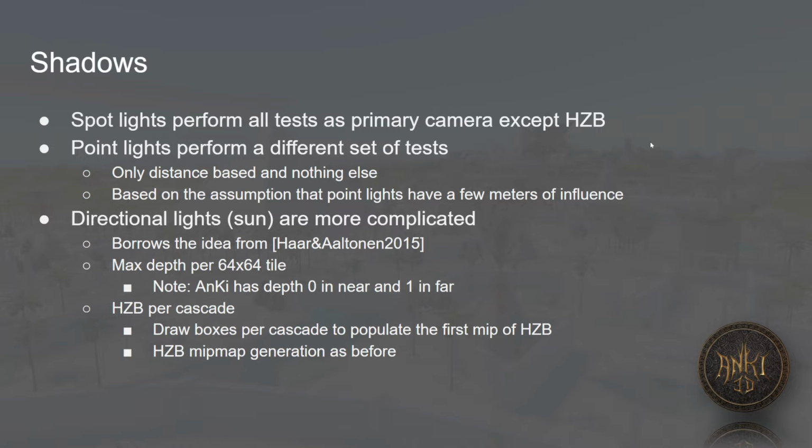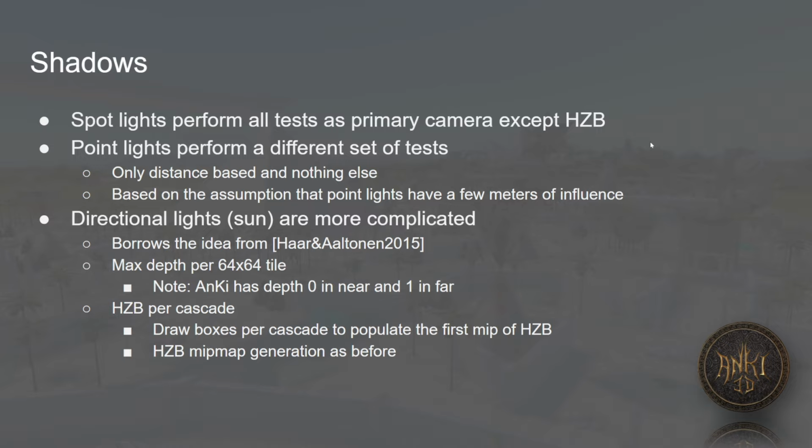The directional lights, the sun basically, are a bit more complicated. We borrow the main idea from Haar and Aaltonen, which, in broad strokes, takes the G-buffer's depth and computes the max depth per 64 by 64 tile.